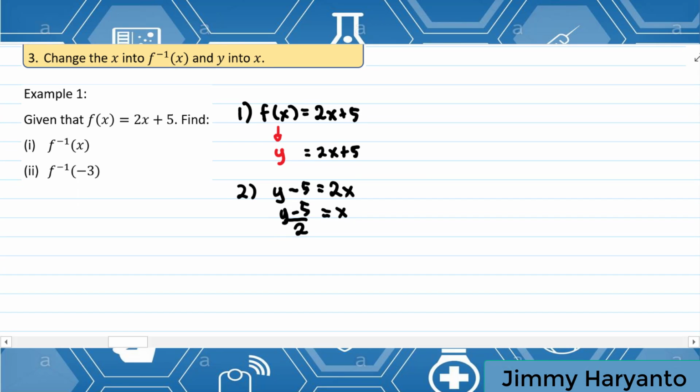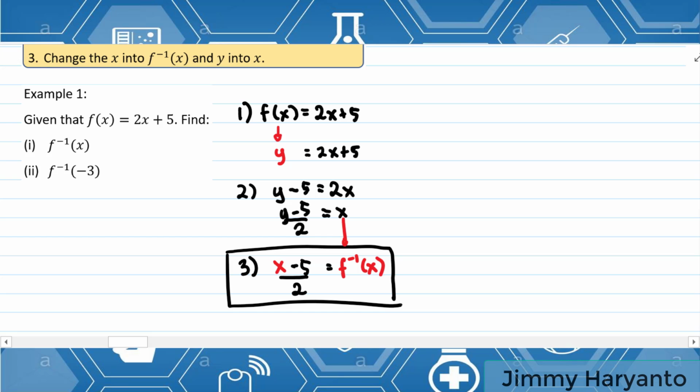Yeah. The third one. Change the x into f⁻¹(x). So I have to change this x into f⁻¹(x) equals, and then change the y into x: (x - 5)/2. There you go. We already have the f inverse. Yeah.